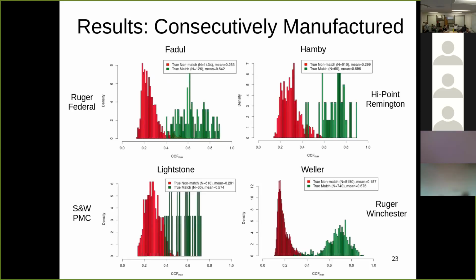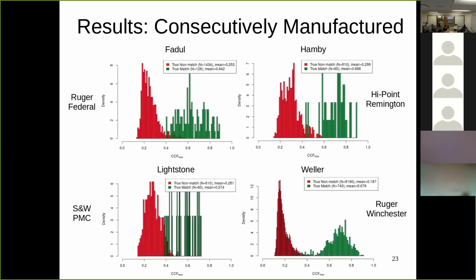In this presentation, these plots here are histograms. On the horizontal axis, we have the similarity score, and the vertical axis is the density. I've split the histograms into non-matches and matches. The non-matches are in red and the matches are in green.